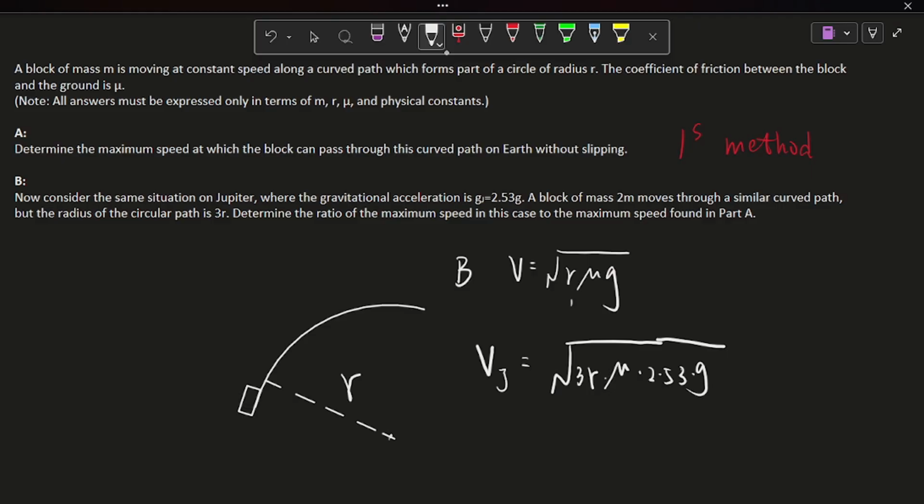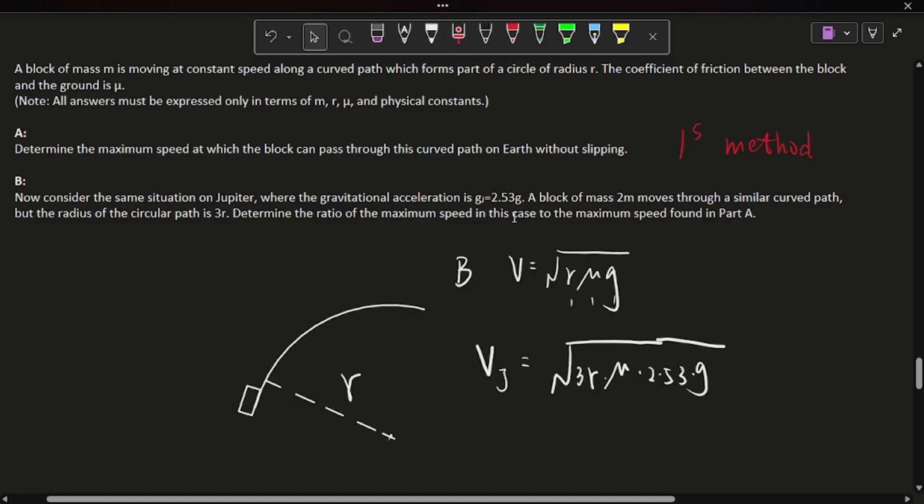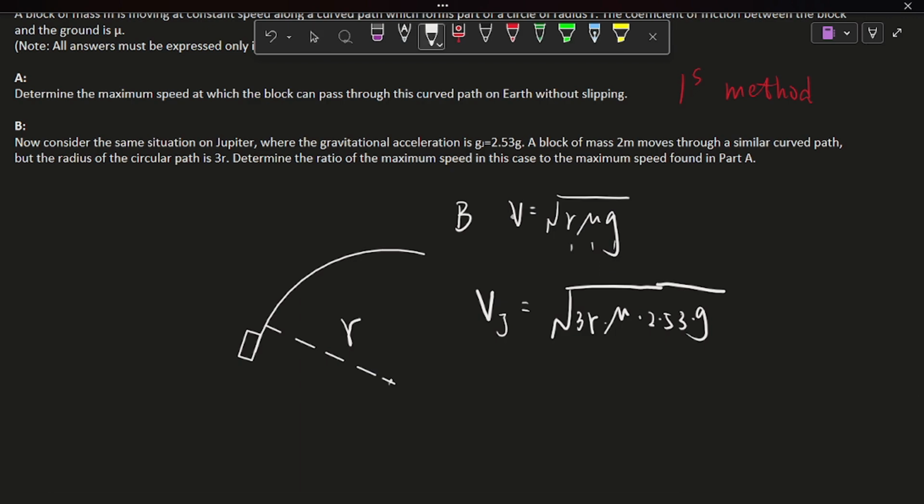So we can write it as 1, 1, 1. And then let's look at the expression of Vj. Over here, we already know r is 1, right? Mu is 1, right? g is 1, right?